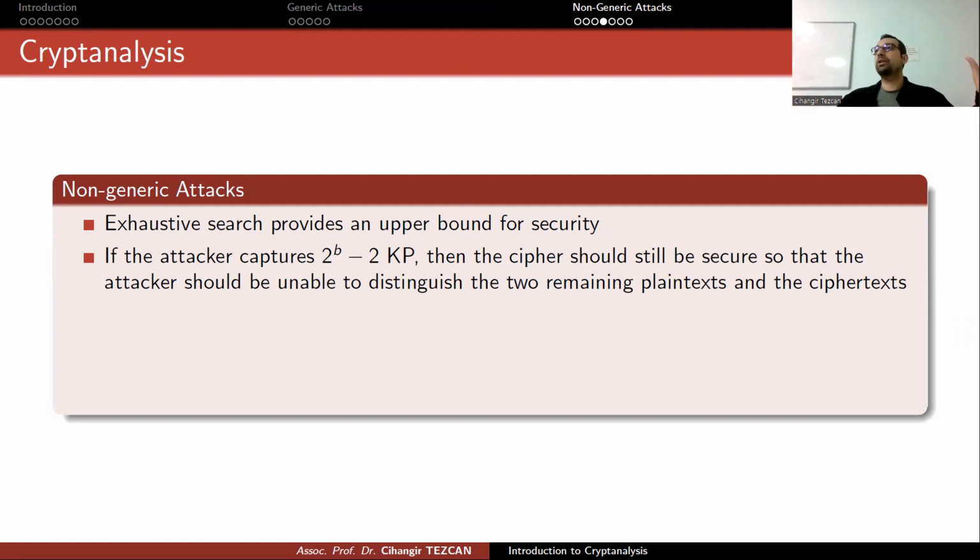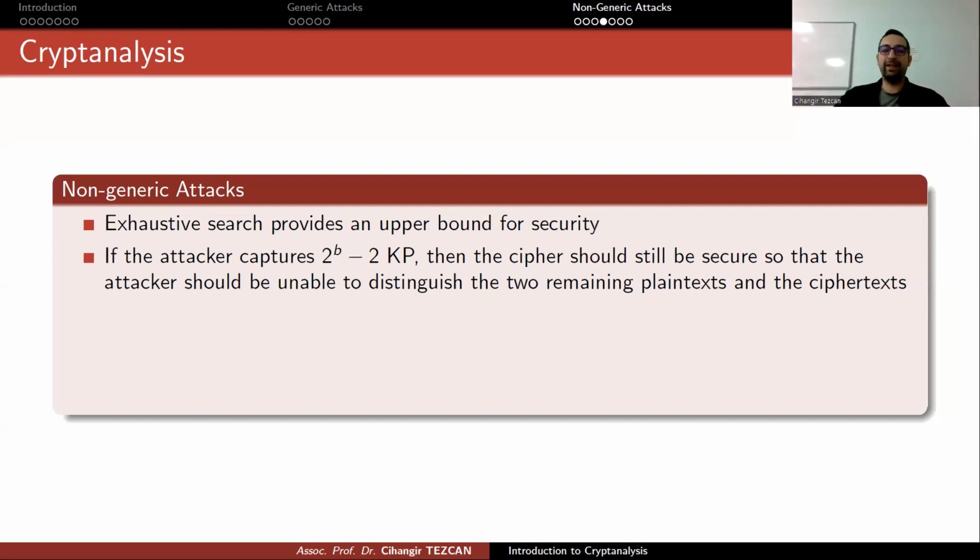You can randomly guess, and your winning probability will be 1/2, but you shouldn't have any more advantage than that. If you can guess with probability 1/2 plus epsilon, where epsilon is your advantage, then this would mean that the cipher is not that secure.